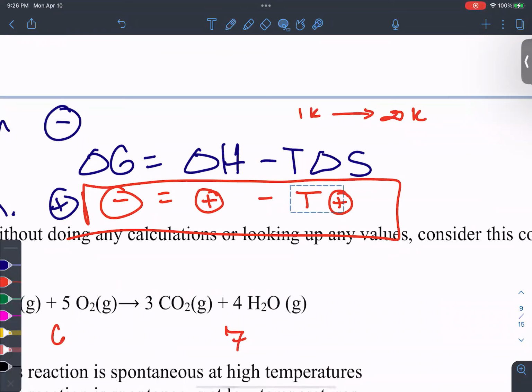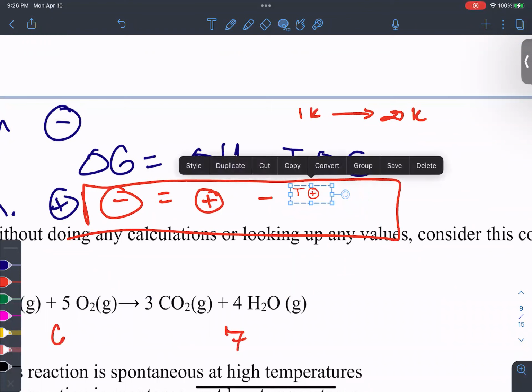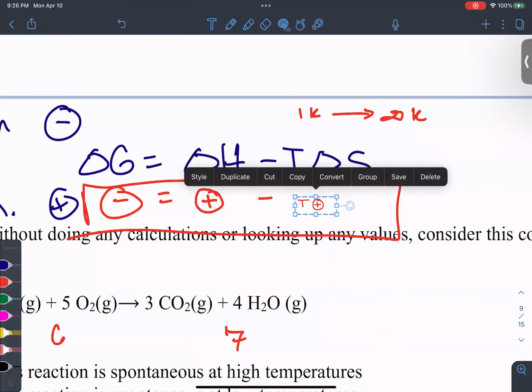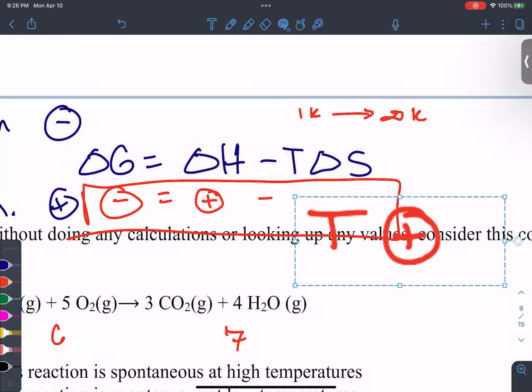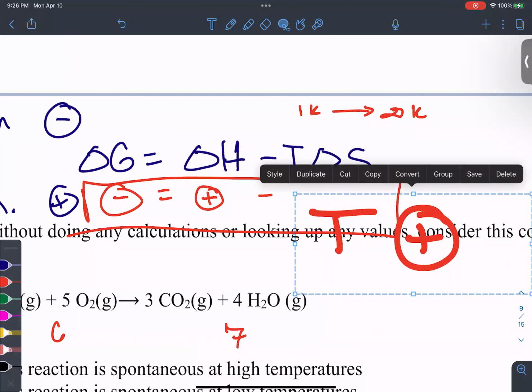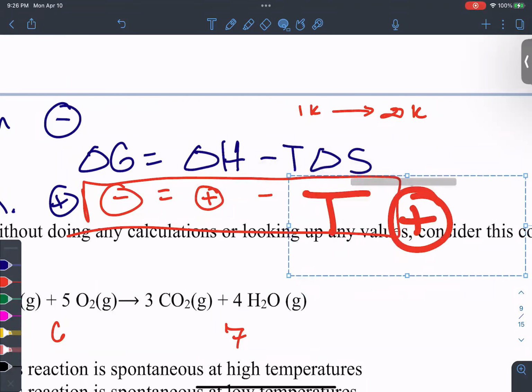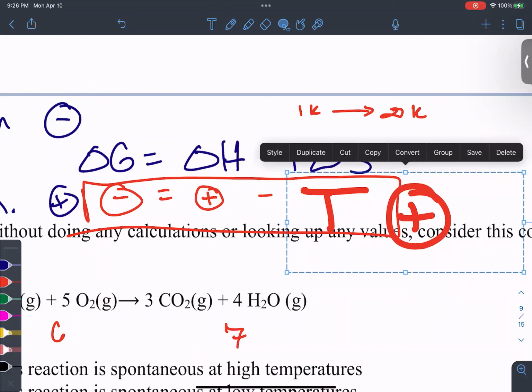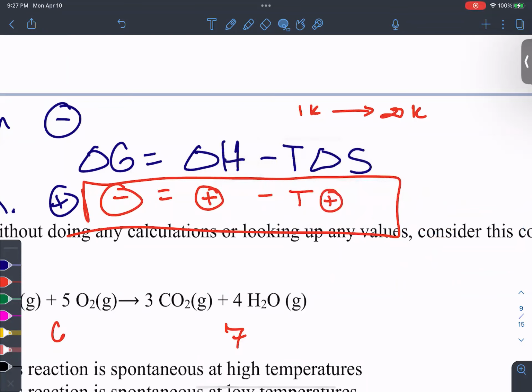In my mind I make this term small, meaning low temperatures, or big, meaning high temperatures. When T is big, that T delta S term is big also. So when you do the math, delta G comes out negative when T is big. That's how you do that.